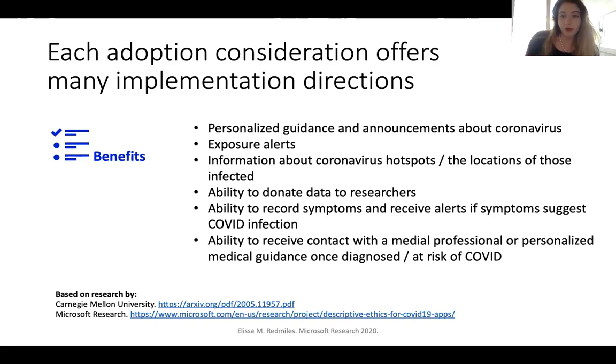They can get exposure alerts. Apple recently added to their app the ability for people to donate data to researchers. That may be something that they're interested in, and so on and so forth. So within each consideration, there's a really large number of possibilities and directions and things to think about in terms of what might most appeal to the users that you're targeting.